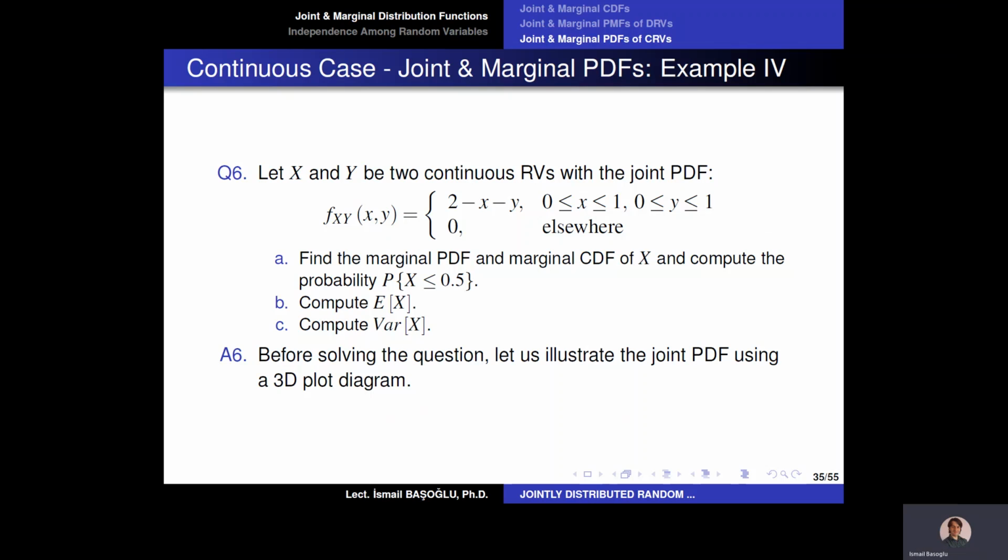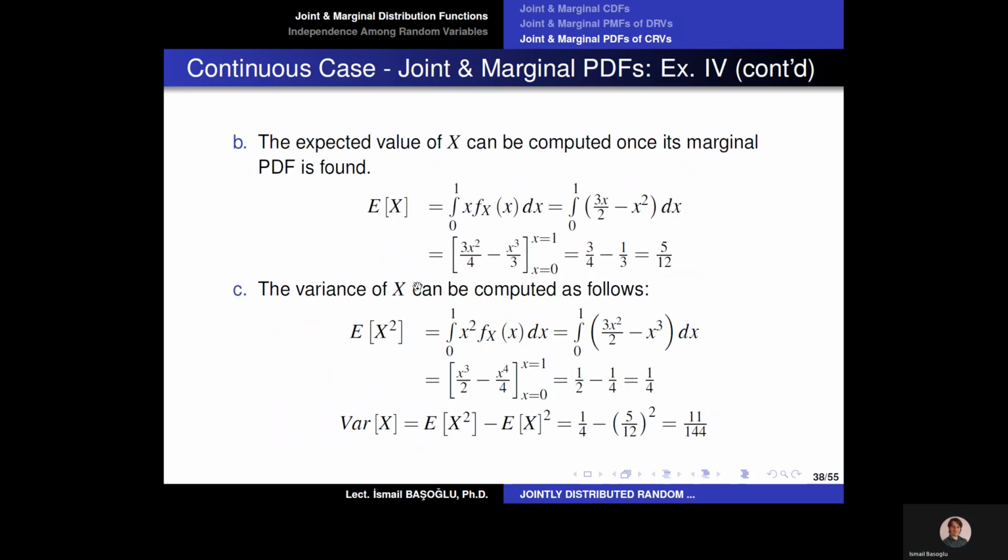Now, the next thing being asked is to compute the expected value of x, then compute the variance of x. How can we calculate the expected value of x? Since we have already computed the marginal PDF of x, we will multiply this marginal PDF with x itself, and this integrand will be integrated within the domain of that random variable.